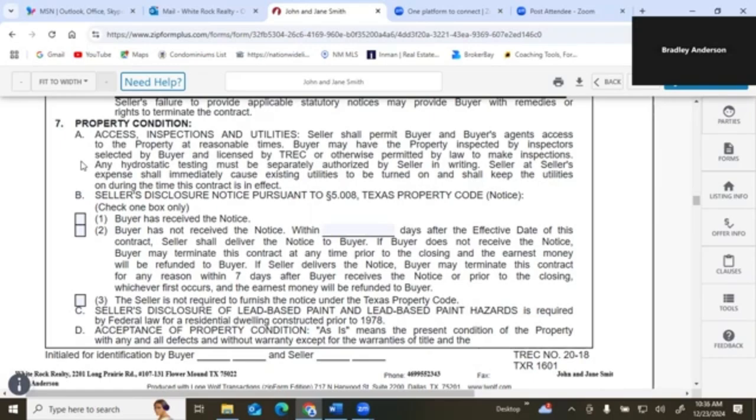Seller at seller's expense shall immediately cause existing utilities to be turned on and shall keep the utilities on during the entire time of this contract. You can't imagine how frequently this comes up. Sellers moved out, they've moved on to their future place of residence, and they turn off all the utilities. Inspector shows up, and they realize the water's not on.